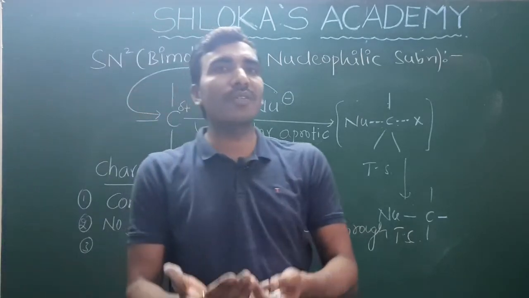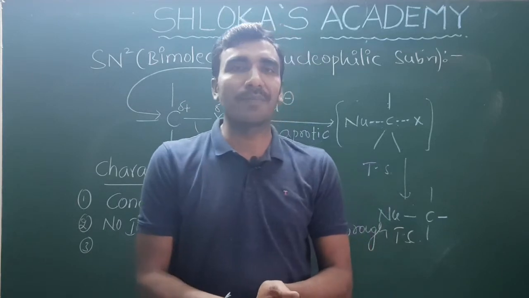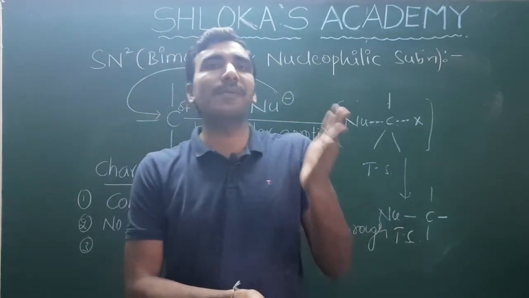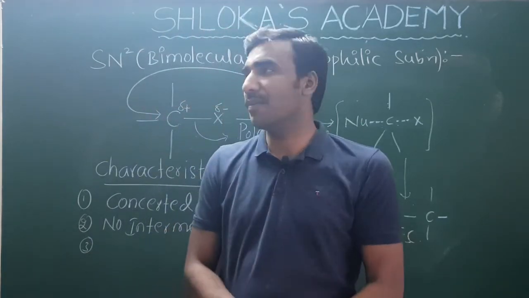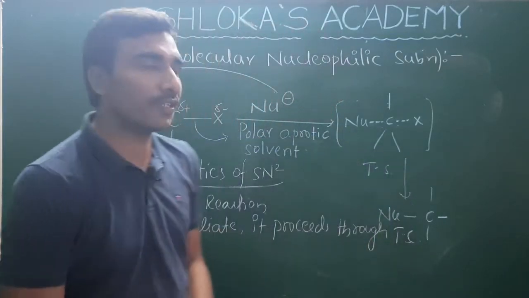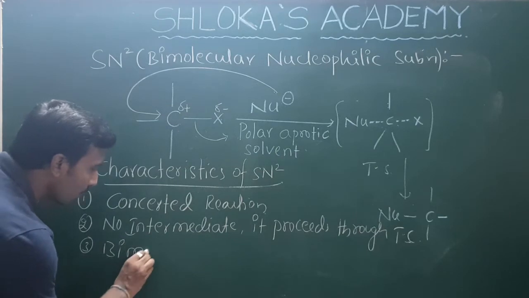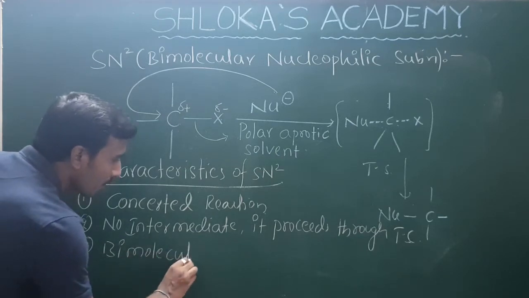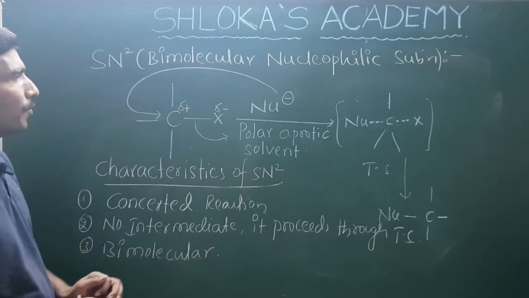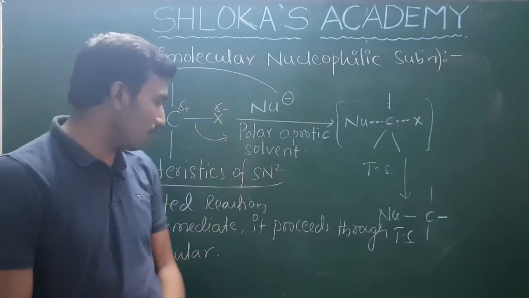Two reactant molecules are involved in the rate determining step. As there are two reactant species in the rate determining step, it is a bimolecular reaction. Why is it bimolecular? Because in the rate determining step, only two reactant species are involved.